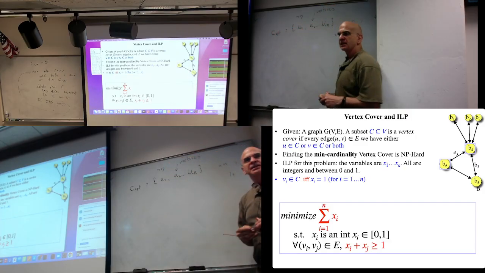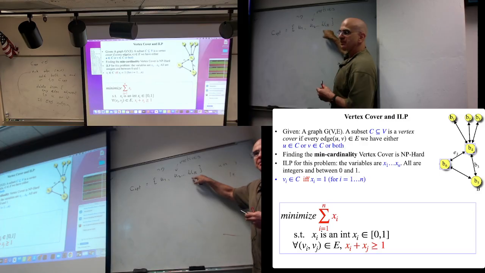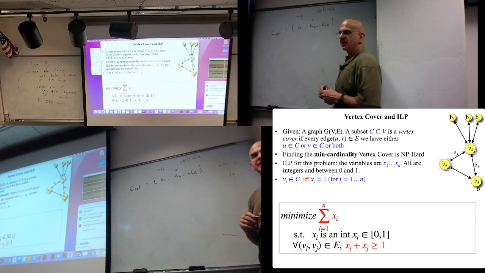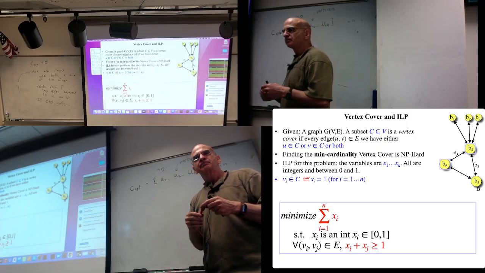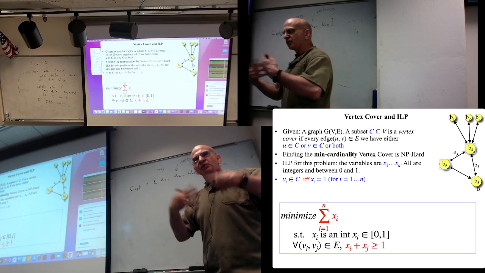Here are the vertices that I put in the C opt. These are the vertices that are in C opt. Yes? So, in answer to your question of why it's a two approximation, it's factor 2. It's not more than twice.